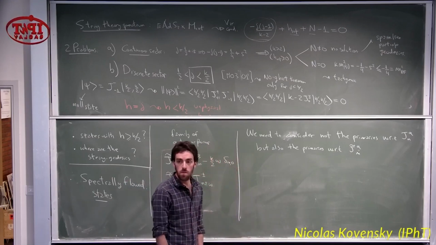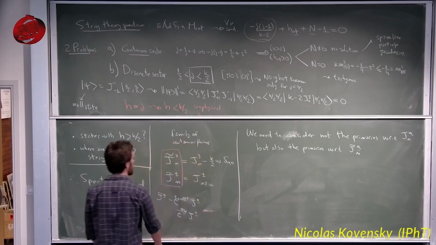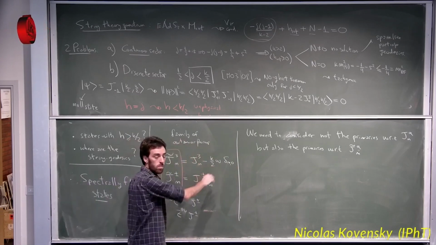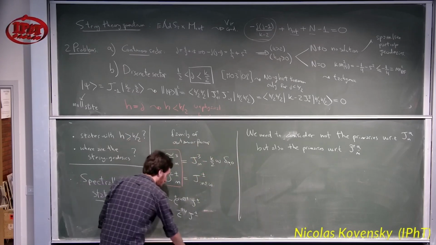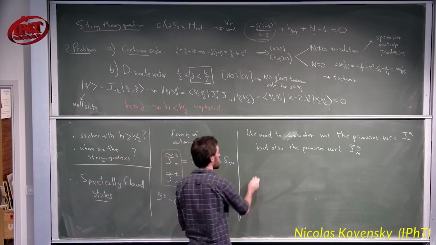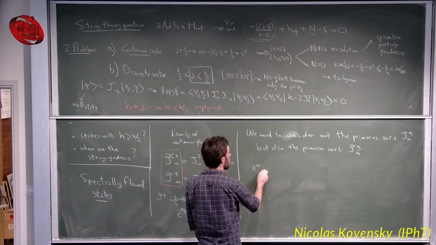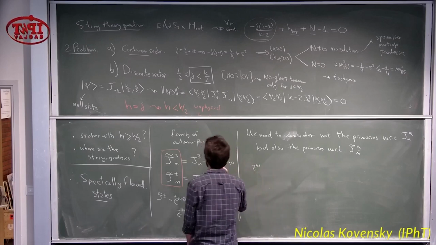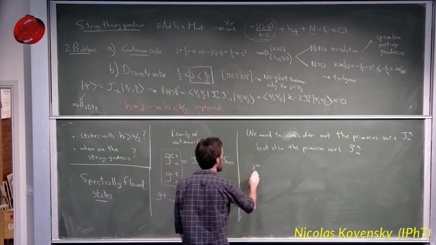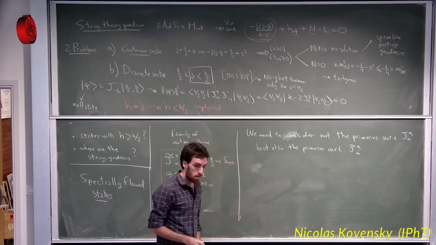You can see it from here. You have to shift the value of m. You're going to have some extra z to the omega in front, and you're going to have some shift in phi as well. So there are still some functions on AdS3.